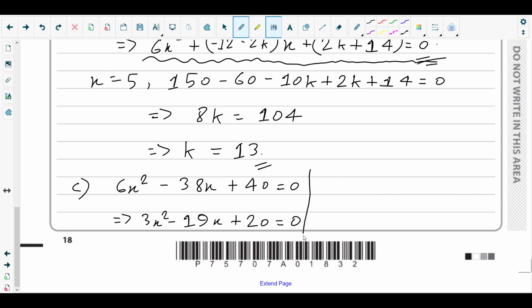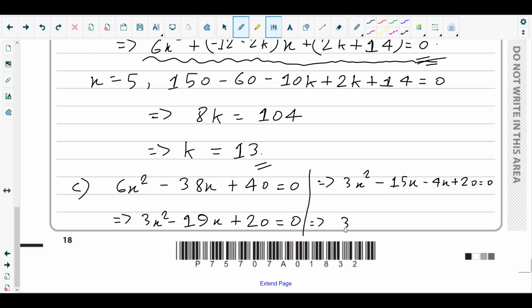Let me show it here. Not going to the next page, it will be inconvenient. So let me do the middle term here, 3x² and negative, what's that? That would be 15x. Okay, 15x negative 4x plus 20 is equals to what? 0. So let's solve for x.